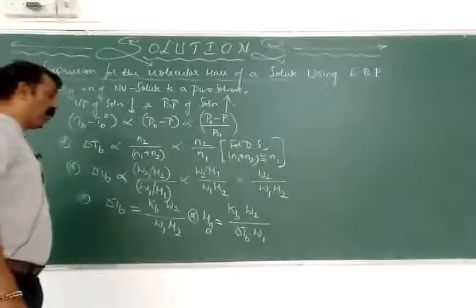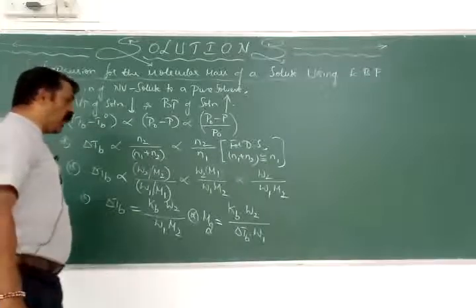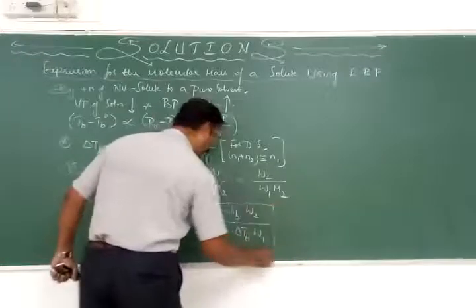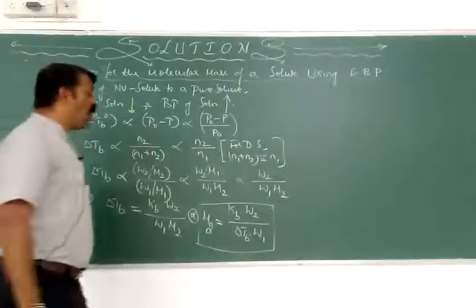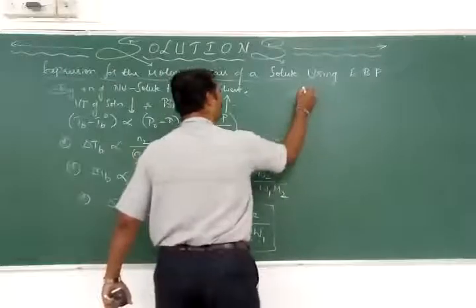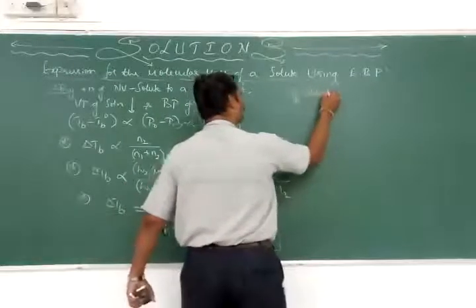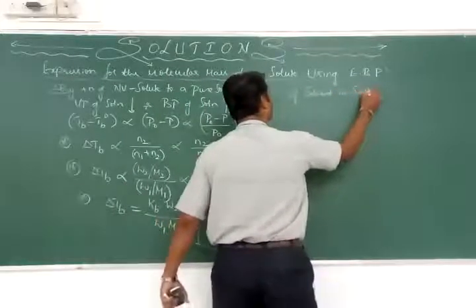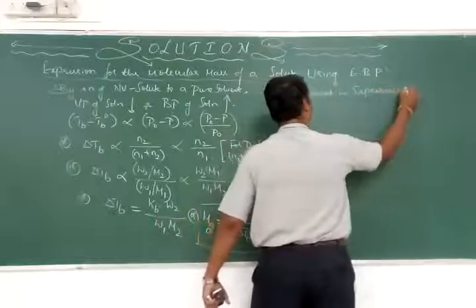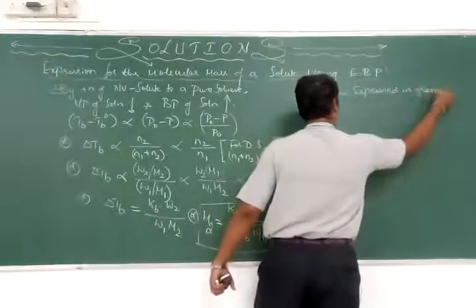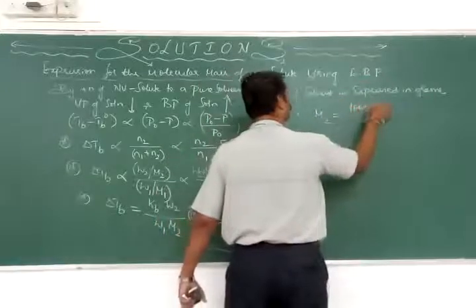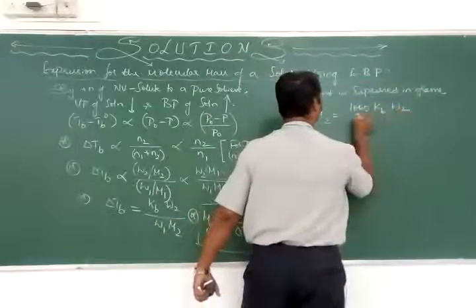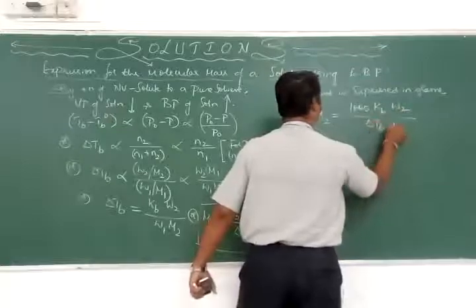So this is one format for the molecular mass. Or if the solvent is expressed in grams, therefore M2 can also be equal to 1000 times Kb W2 divided by delta TB into W1.